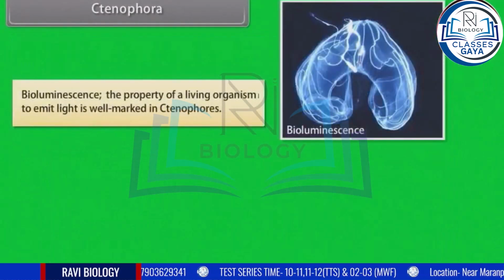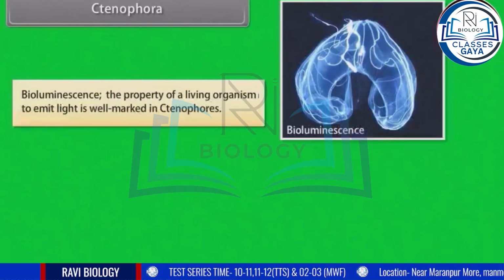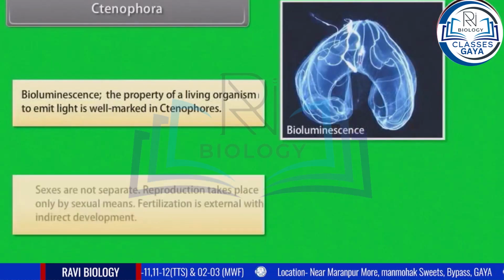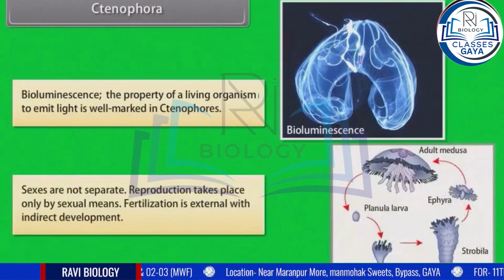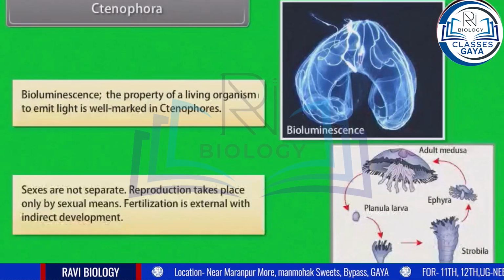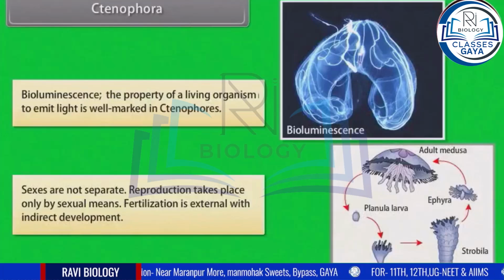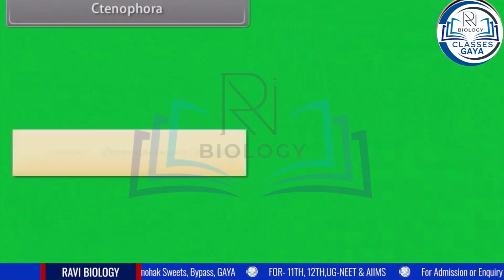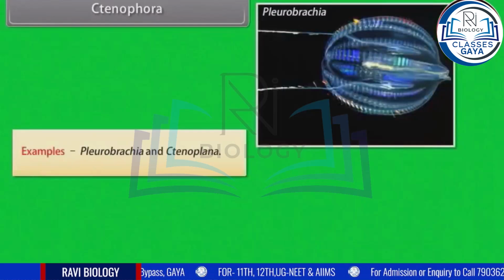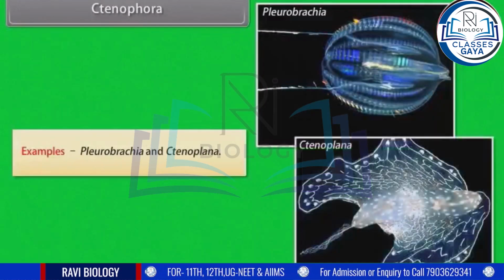Bioluminescence, the property of a living organism to emit light, is well marked in Ctenophores. Sexes are not separate. Reproduction takes place only by sexual means. Fertilization is external with indirect development. Example, Pleurobrachia and Ctenoplana.